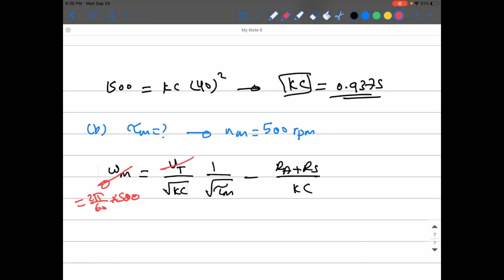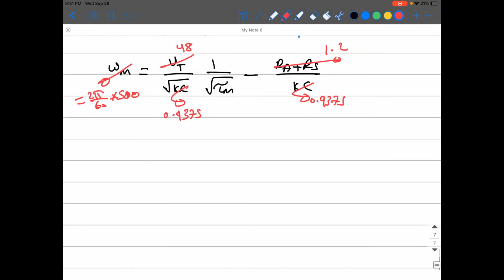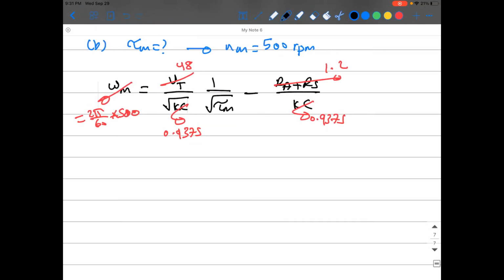The V terminal is given as 48 volts, the Kc we calculated is 0.9375, and Ra plus Rs is 1.2. So everything is given. You can directly find the torque here to equal 0.854 newton meters. Okay, guys?